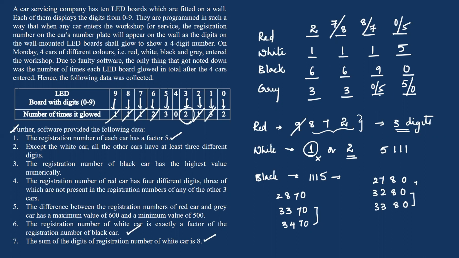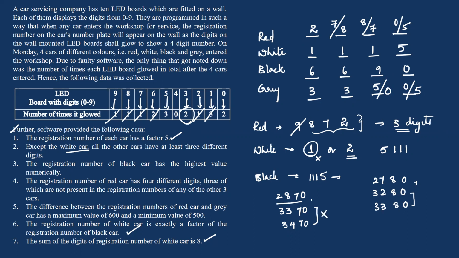And we cannot have 3355 because except the white car, all the other cars have at least 3 different digits. So these 2 digits should be either 50 or 05. So this should be either 3350 or 3305.